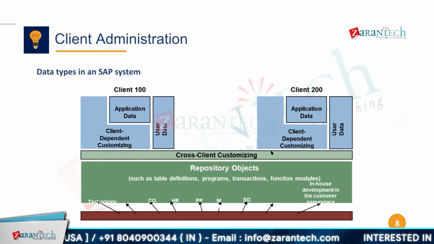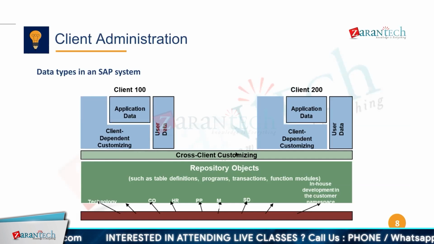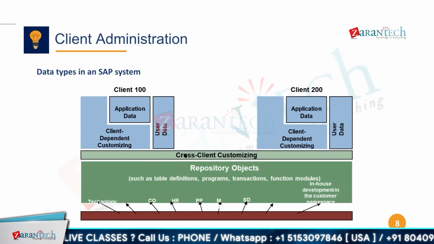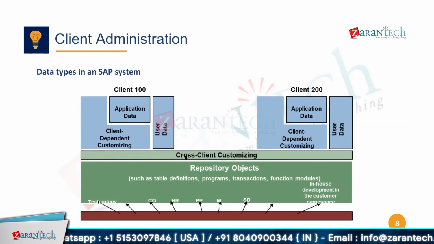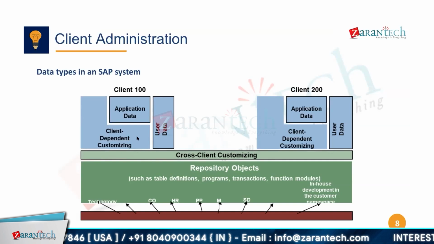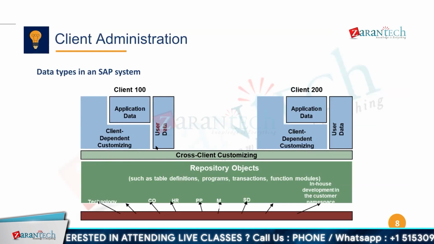And there is this middle layer, cross-client customizing. Suppose your company makes some change like invoice logos. Okay, the logo has been changed, which is a cross-client customizing. Tata's logo, like recently Kia has changed its logo. Now, if it is client-specific, you have to go to each client and import that customization. So such things they put in the cross-client customizing. Tata logo is the same everywhere. If you go to Tata Hotels, Tata Steel, Tata automobile, everywhere the T symbol, right?